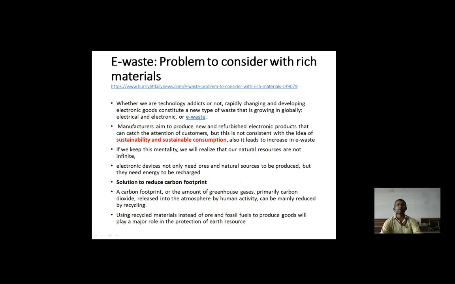So electronic devices not only need ores and natural resources to be produced, but they need energy to be recharged. And recharging, as I told you about the equipment in front of me, is run by electric power.